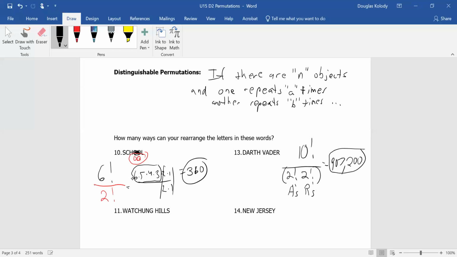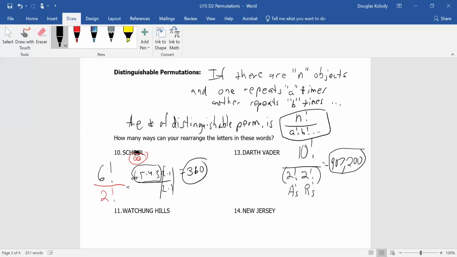You could have C times. The number of distinguishable permutations is n factorial divided by A factorial, B factorial, dot, dot. That's it. Pretty simple, actually.